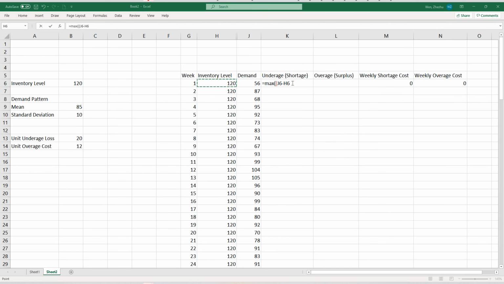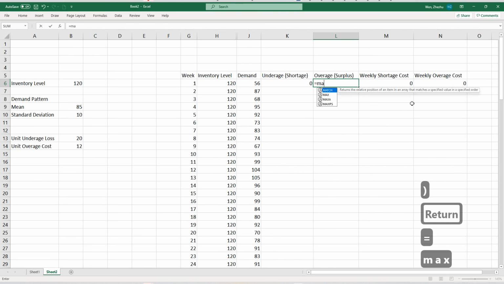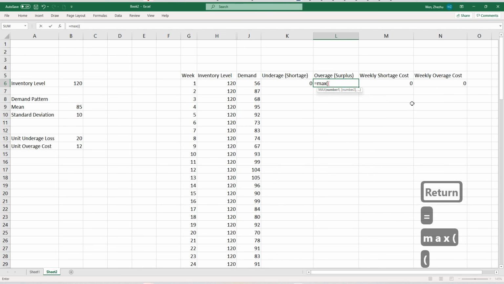We have more inventory than demand. Therefore, you won't likely see a shortage here. And 0. And this part is maximum between this minus this, and 0.